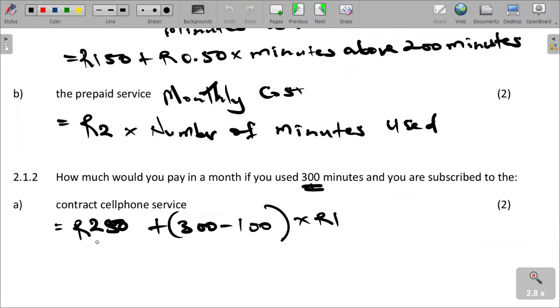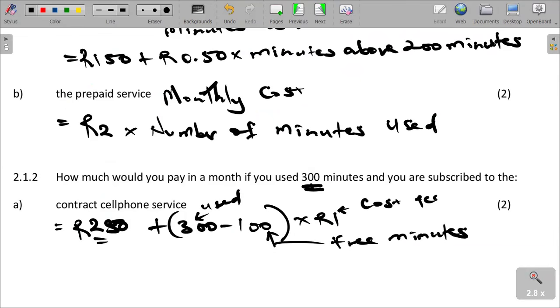So this is a fixed charge plus the minutes used. These are the used minutes, and remember these ones are free minutes. That is what you need to understand. 300 is used, 100 is the free minutes, 1 rand is the cost per minute. We said this one is fixed.